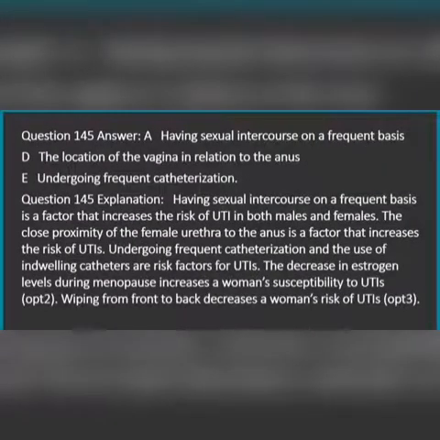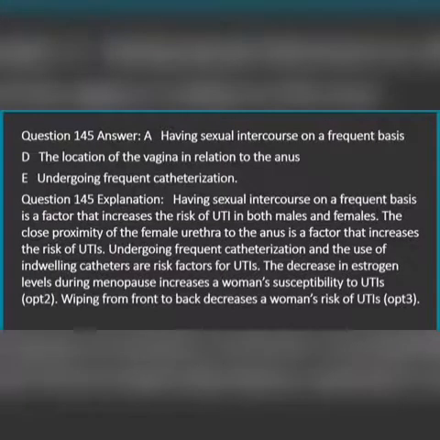Question 145. Answer: A. Having sexual intercourse on a frequent basis. D. The location of the vagina in relation to the anus. E. Undergoing frequent catheterization. Explanation: Having sexual intercourse on a frequent basis is a factor that increases the risk of UTI in both males and females.